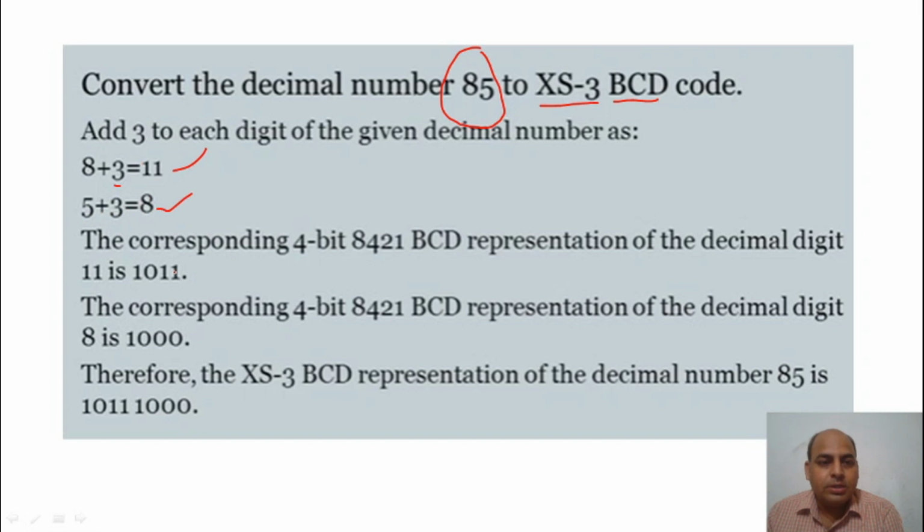Then 11 is written as 1011 and 8 is written as 1000. Thus the XS3 code of decimal 85 is 10111000. In this way we can convert the different codes from one to another.